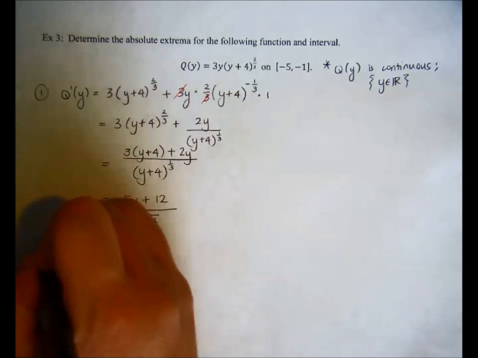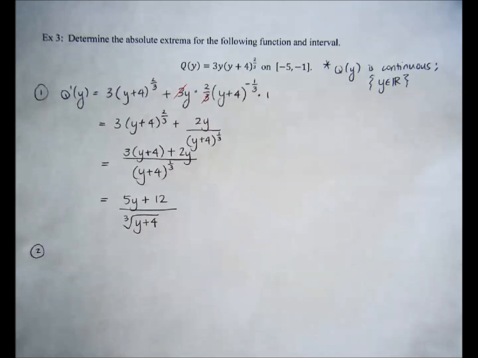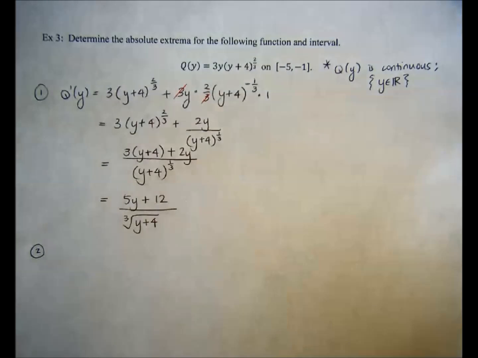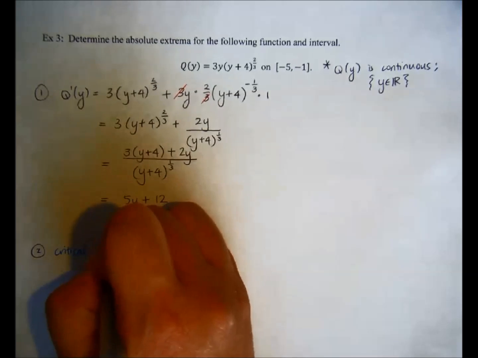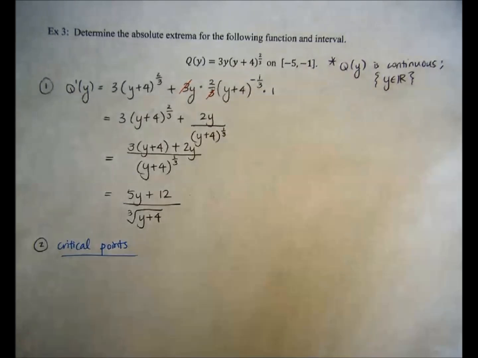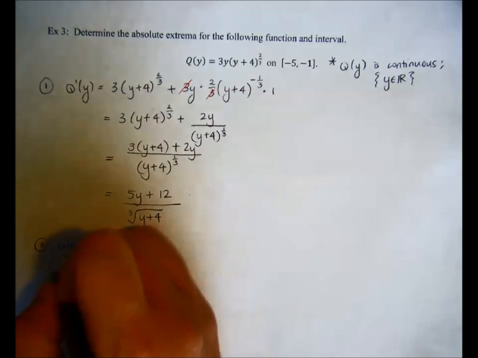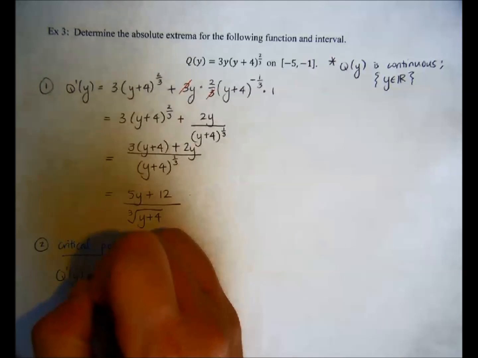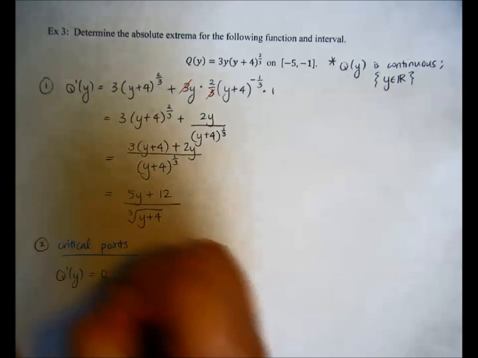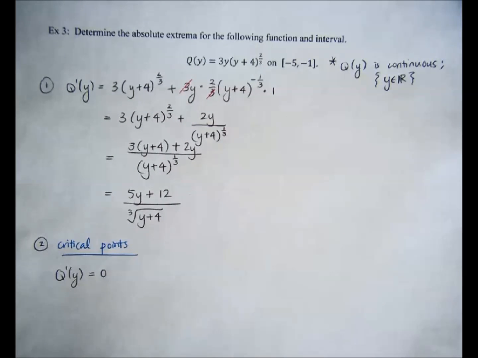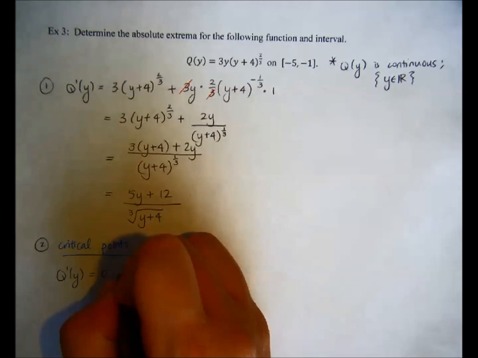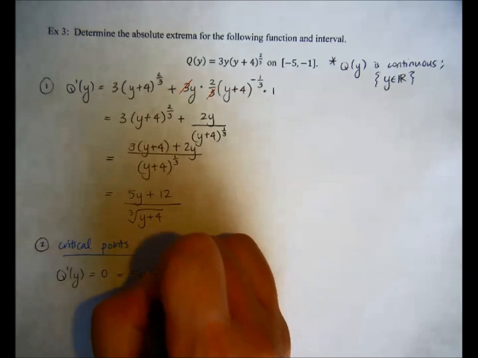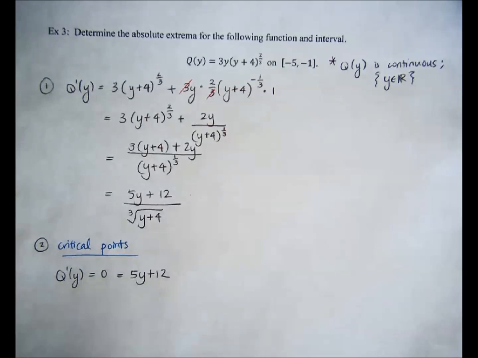Okay. So that's my first step to figure out the derivative. My second step is to figure out any critical points that I have. And to figure out any critical points, I need to set my derivative equal to 0. That's one way. Okay. And the only way that this function will equal 0 is if 5y plus 12 equals 0.